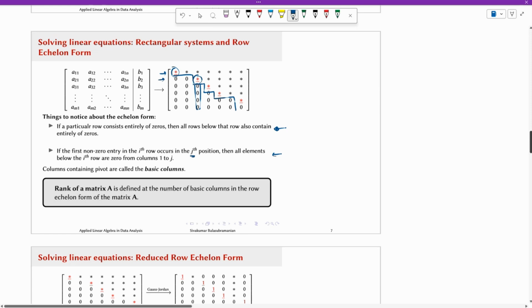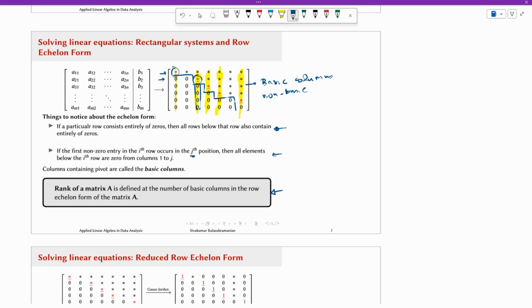And the columns that contain the pivots, for example, these are the columns that contain the pivots, right? Those are called the basic columns, and the others are non-basic. Once you get into the row echelon form, the rank of the matrix is simply the number of basic columns in the row echelon form of the matrix.